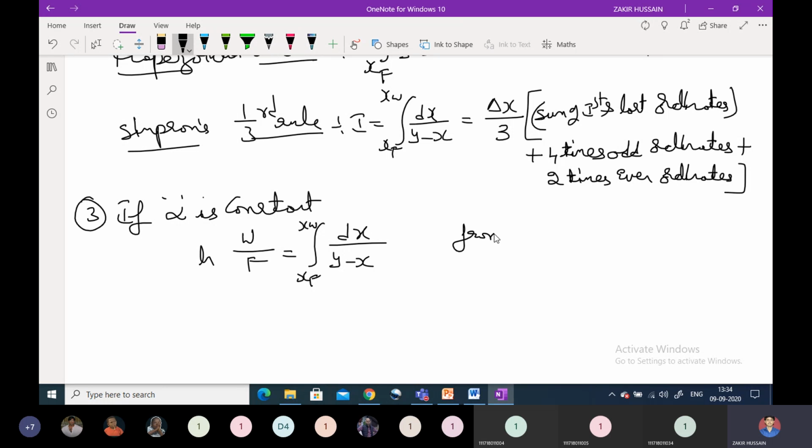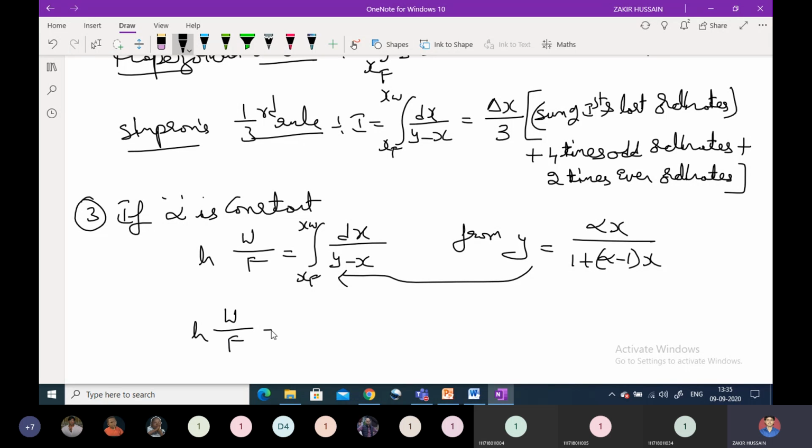Then from the equation y is equal to alpha x divided by 1 plus alpha minus 1 into x, we have to substitute this here. So ln w by f is equal to the integral from xf to xw of dx by alpha x divided by 1 plus alpha minus 1 into x, minus x.